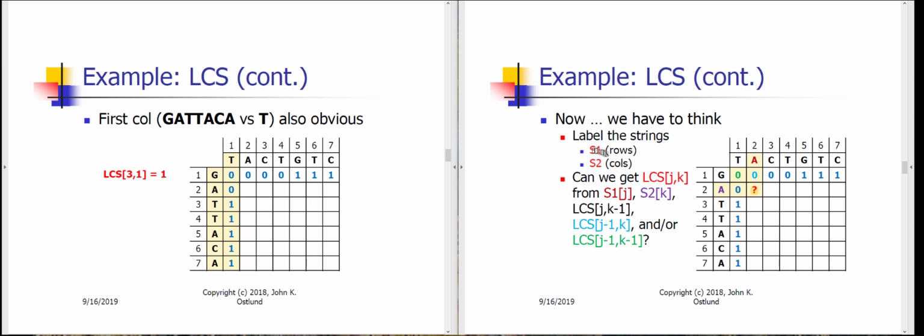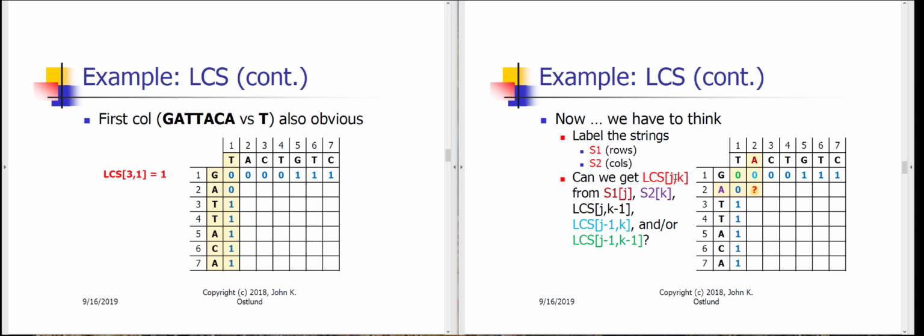Okay, so let's just call the rows S1, that's sequence 1. So our sequence 1 here, the rows are G, A, T, T, A, C, A. And the columns we'll call S2: T, A, C, T, G, T, C in this example. And in general, we're asking the question, can we figure out the longest common subsequence at some location J,K in this matrix just by looking at immediately neighboring cells?